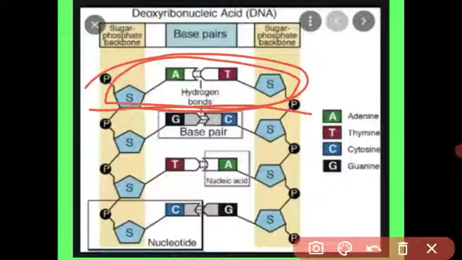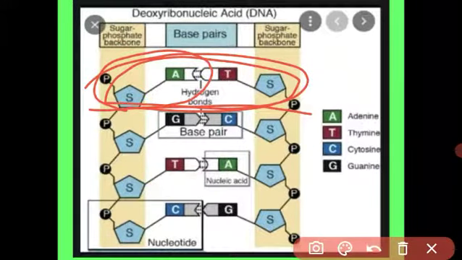The DNA strand is made from repeating nucleotides. Got it, students? What is meant by nucleotide and what is meant by DNA? DNA is a thread. DNA is composed of repeating nucleotides, and each nucleotide contains phosphate, sugar, and a nitrogenous base.